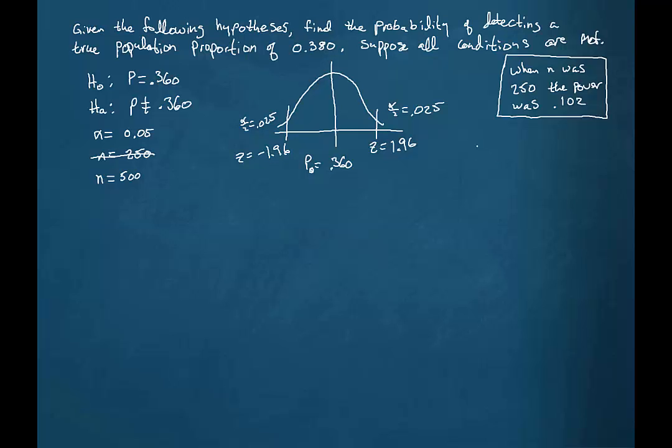We would use the formula z equals p hat minus p0 divided by the square root of p0 times 1 minus p0 over n, and then rearrange it so that p hat equals z times the square root of p0 times 1 minus p0 over n, plus p0.